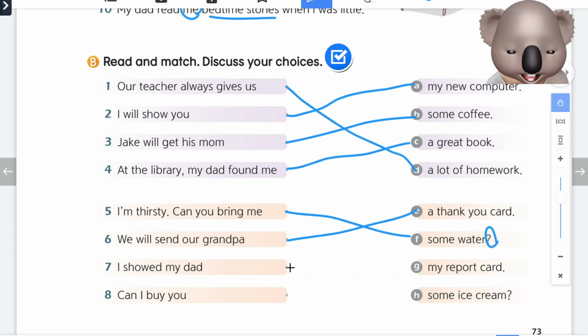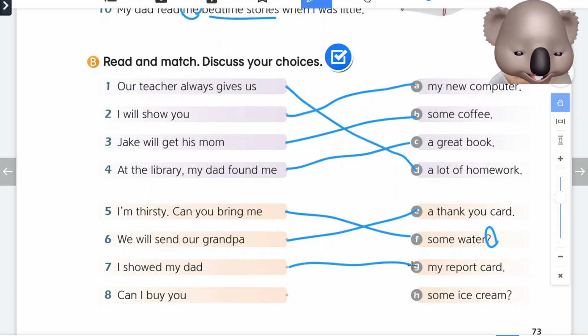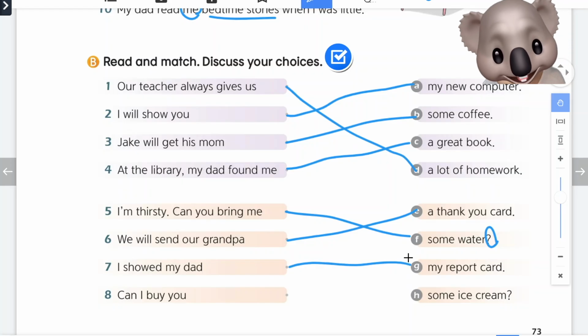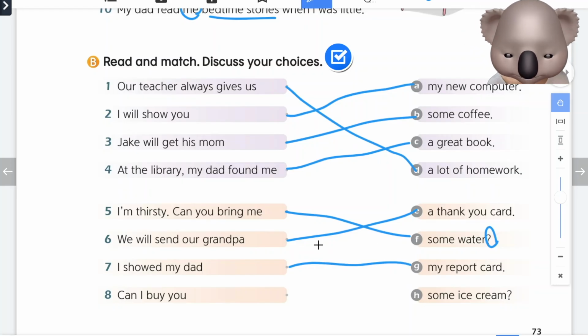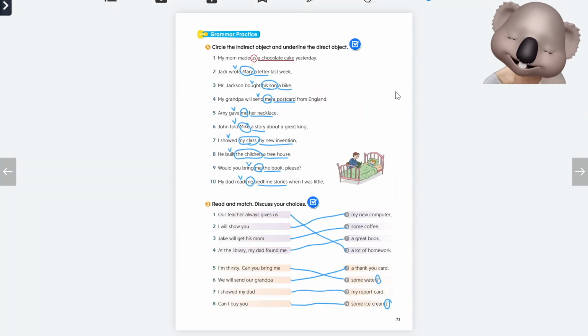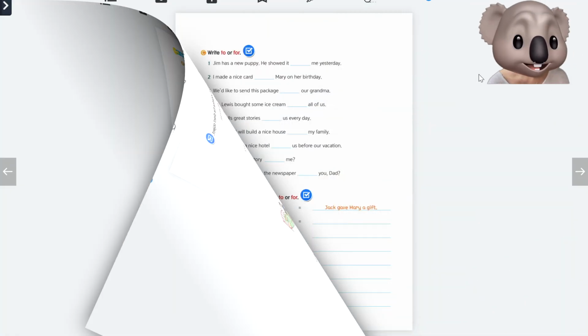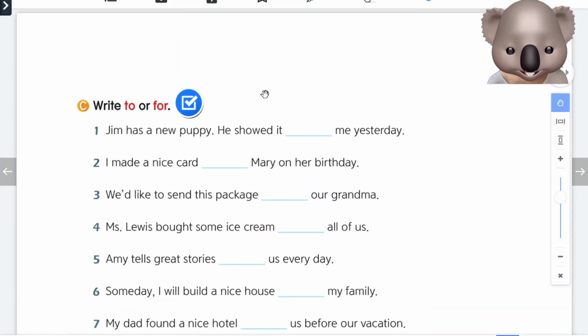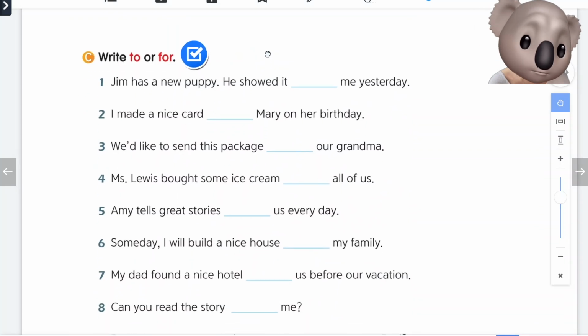Number 7, I showed my dad my report card. A만 있겠지? Number 8, can I buy you some ice cream? 이것도 질문이라서 question mark. Fantastic. Please check your answers and we'll go to the next page. On page 74, the directions say to write to or for.